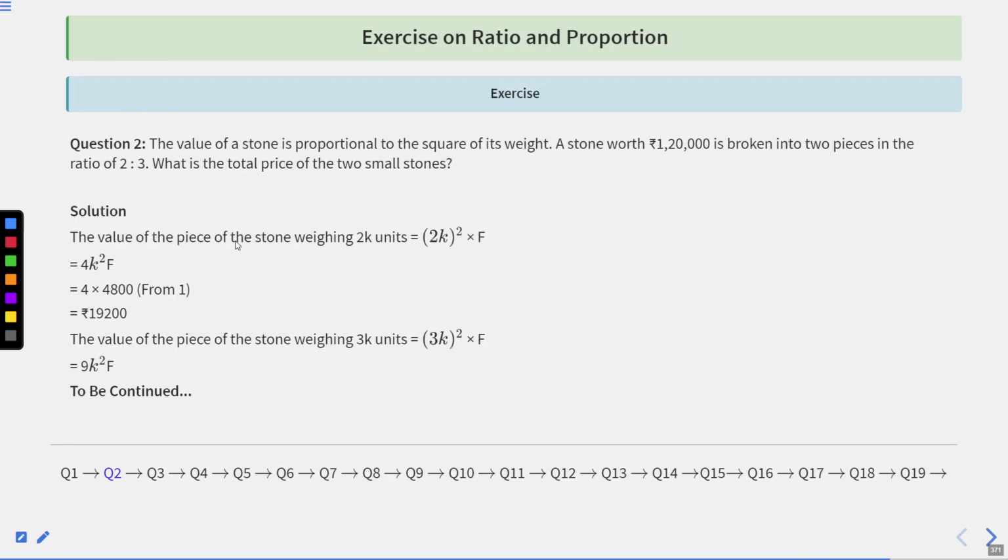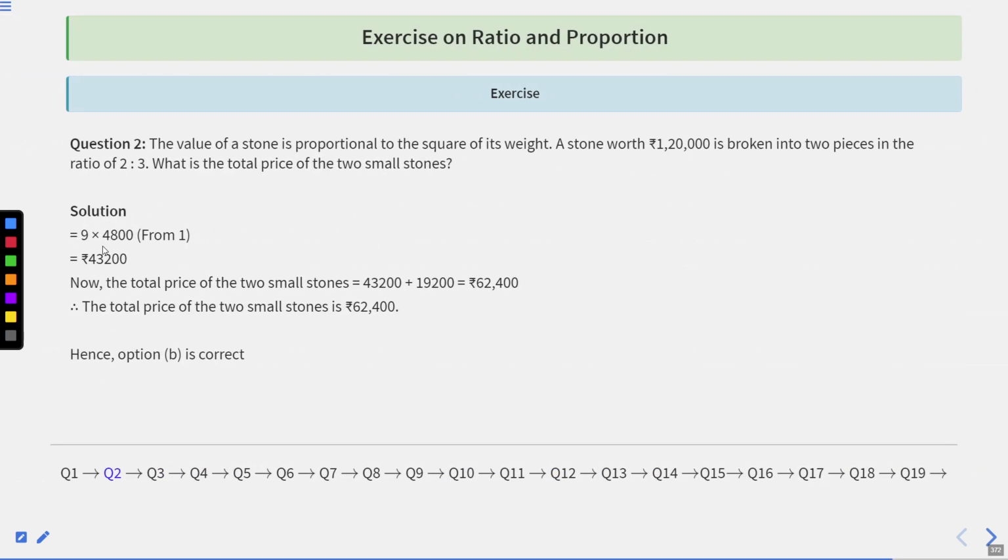The value of the piece of stone weighing 2k will be 2k whole square into f, written with the help of the relation given to us. So it will be 4k square times f. k square f is given to be 4,800 in equation 1, so it will be 19,200. The value of the piece of stone weighing 3k units will be 3k square times f, that means 9k square f.